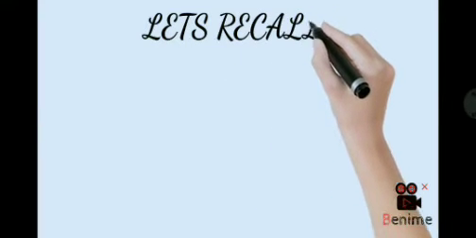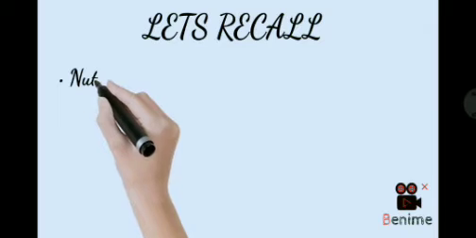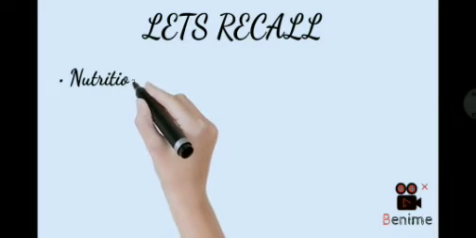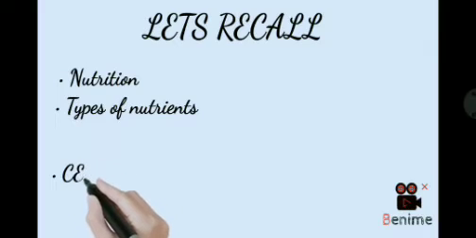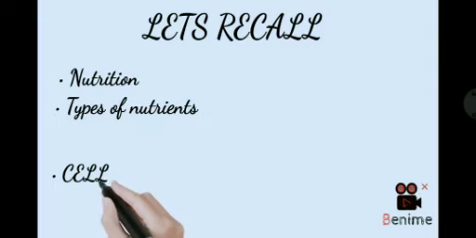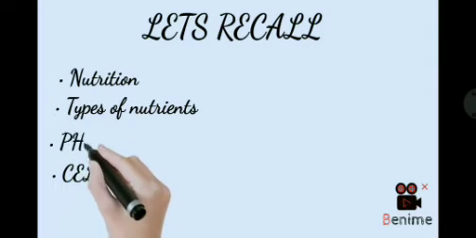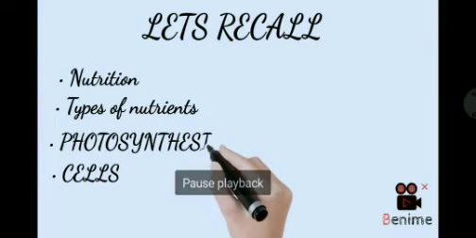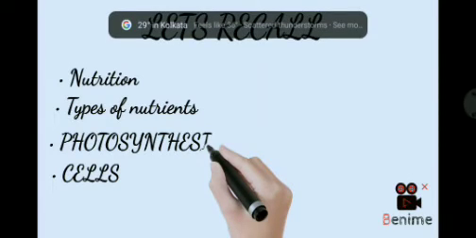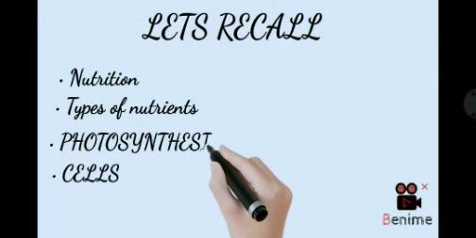So this chapter is properly completed, and now we will recall what we have done. Today we did nutrition. There are different modes of nutrition, for example heterotrophic nutrition, saprotrophic nutrition, and insectivorous plants.